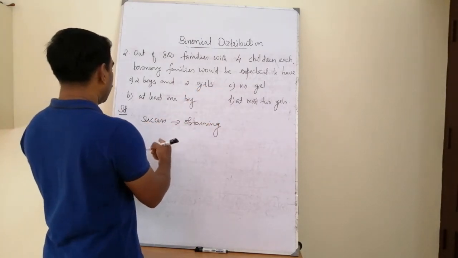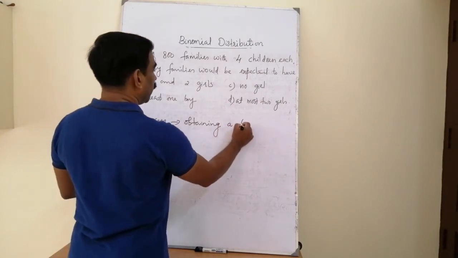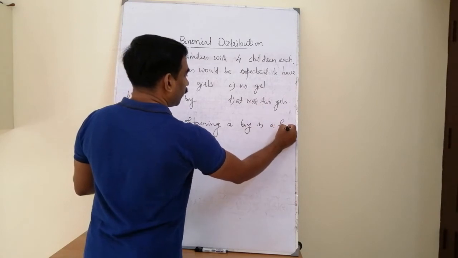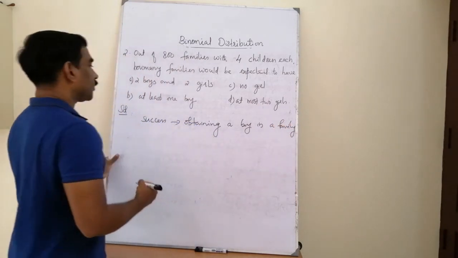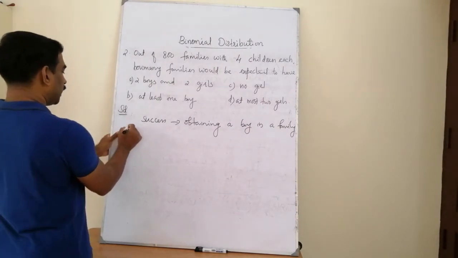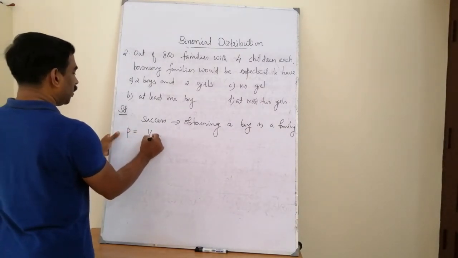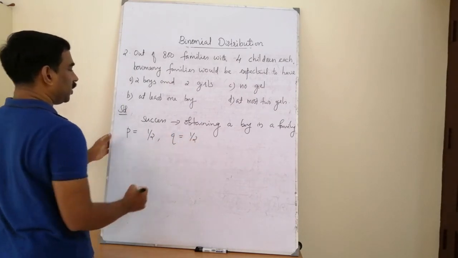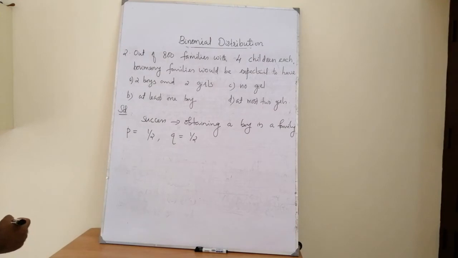So suppose we are defining the success as obtaining a boy in a family. So what is the probability of success? The probability of success P is equal to 1 by 2, and the probability of failure Q is equal to 1 minus P, that is 1 by 2.